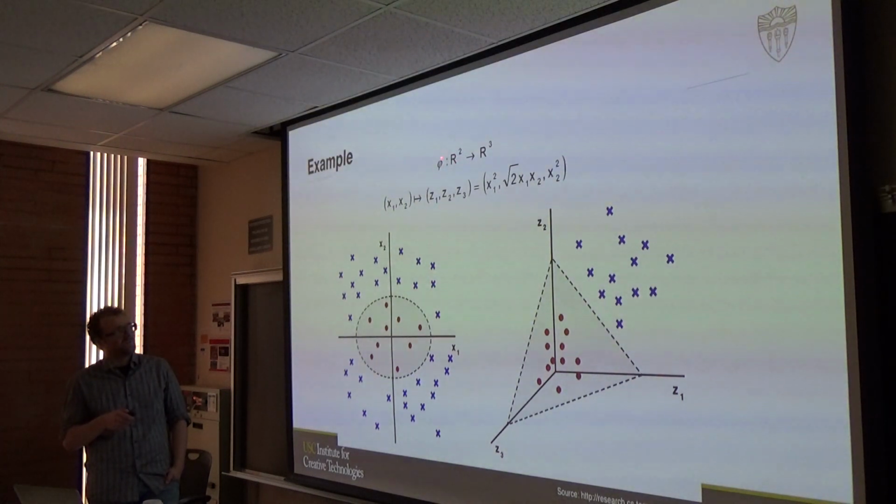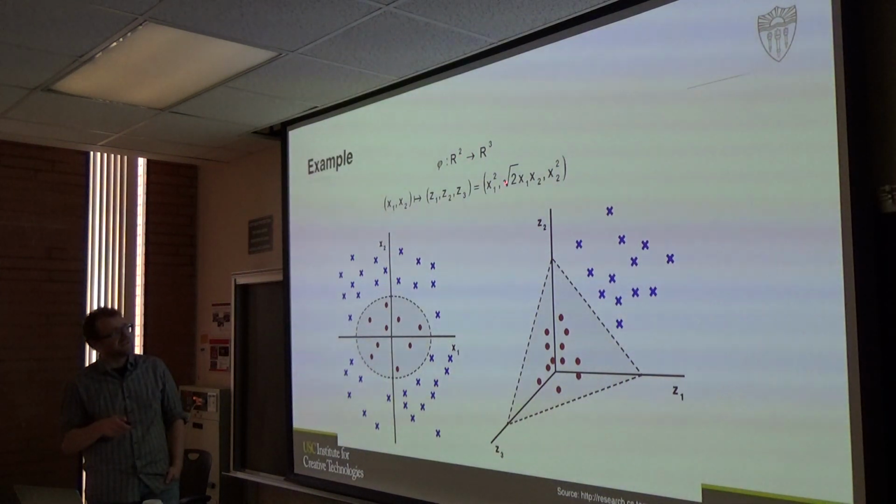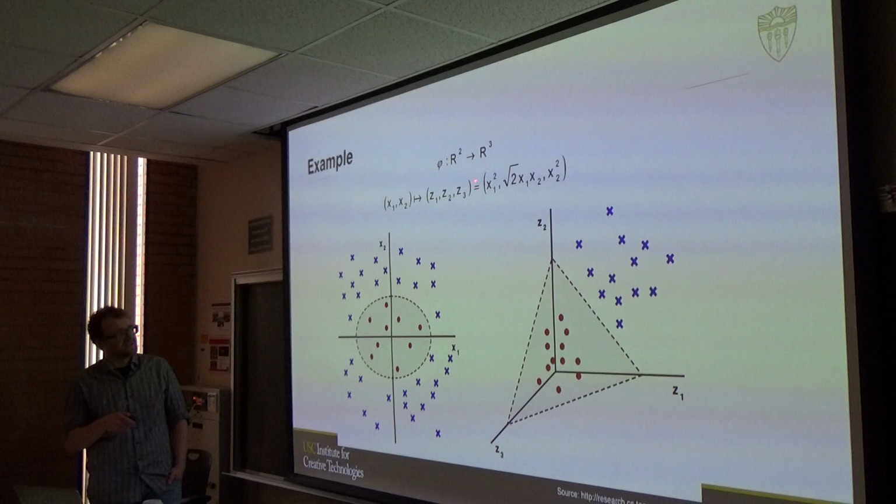Well, basically, we try to find a transformation function that goes from R2 to R3. In this case, we choose a transformation function where x1 and x2 get transformed into a three-dimensional space: x1 squared, square root of 2 times x1 x2, and x2 squared.